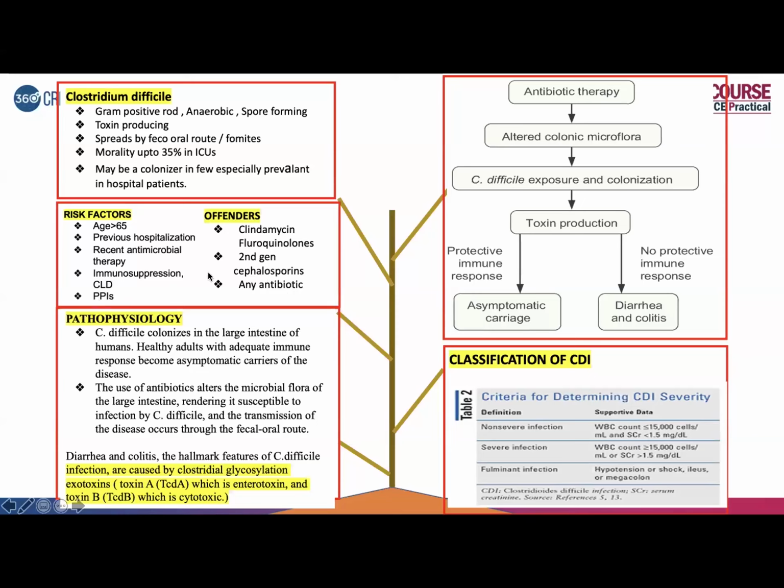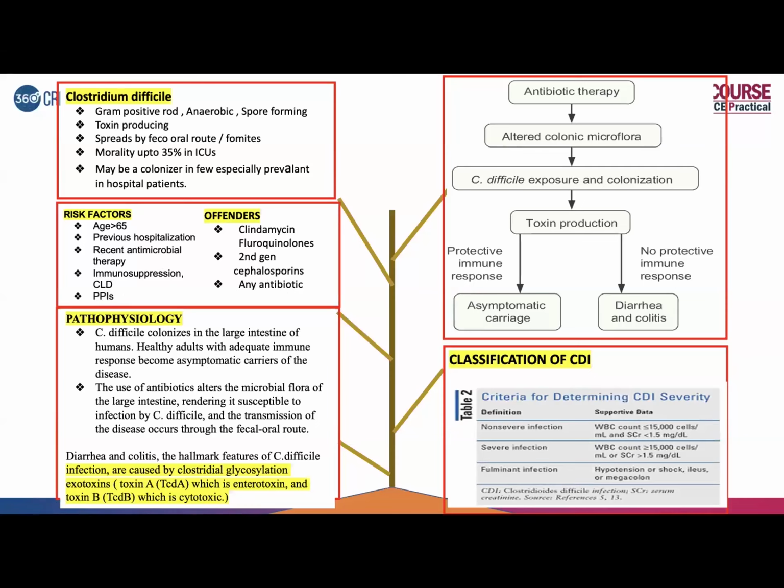So mostly it colonizes in the large intestine. With adequate immune response, usually they are asymptomatic carriers. With the use of antibiotics, the microbial flora is altered, making the patient susceptible to C. diff infection.